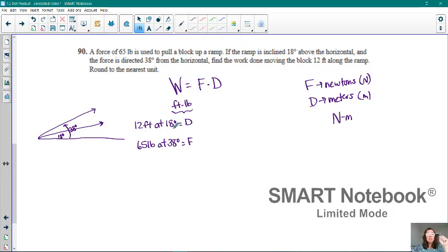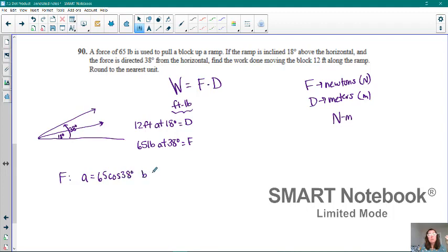But what we do need to do is take these and convert them into their component forms. So let's start with our force vector. If you will remember, the horizontal component, which I will call A, is equal to the magnitude times the cosine of the angle.